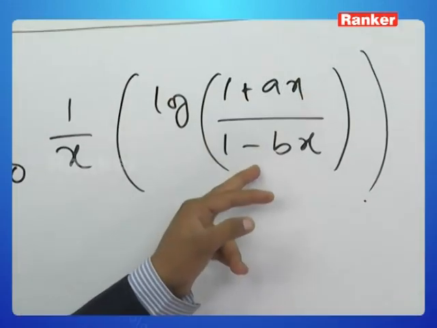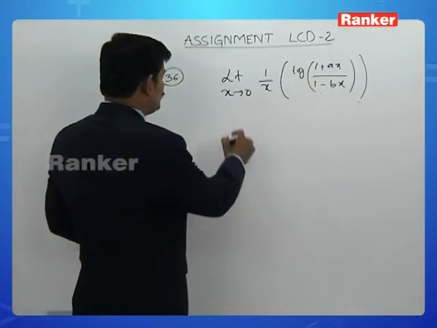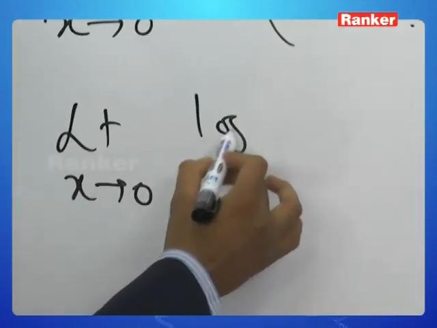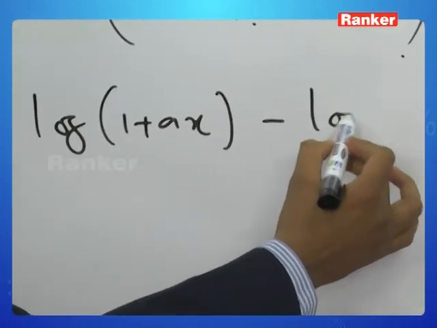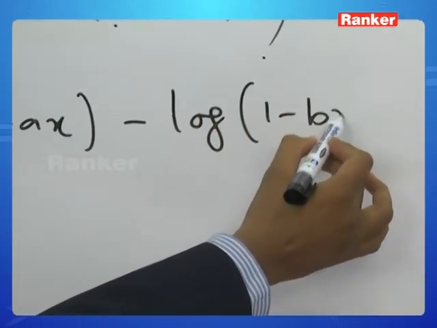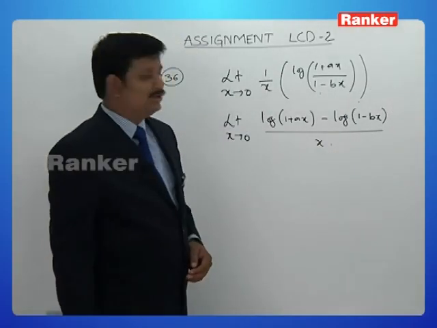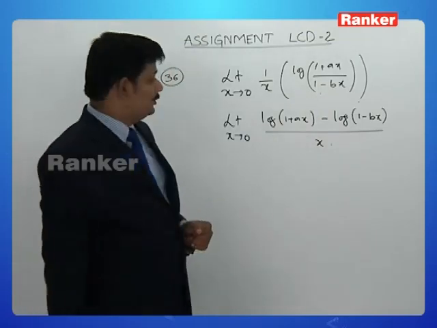Log of a by b, we can see it as log a minus log b. So, this question can be written as limit x tending to 0 of log of 1 plus ax minus log of 1 minus bx divided by x. We are using the property of logarithm: log a by b is log a minus log b.